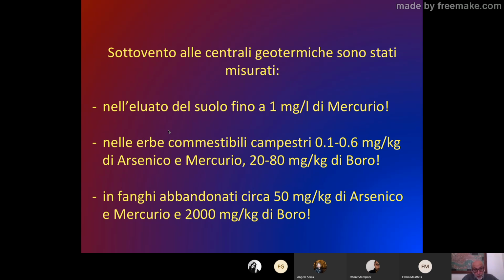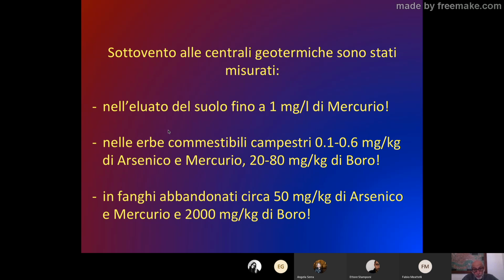The wild herb species that you can eat contain 0.1 to 0.6 milligram of mercury per kilogram of herbs, the same amount of arsenic, and about 80 milligrams of boron.